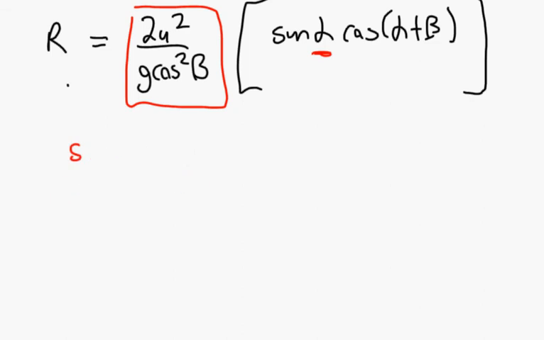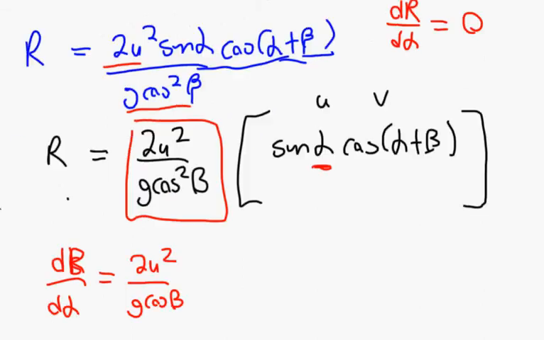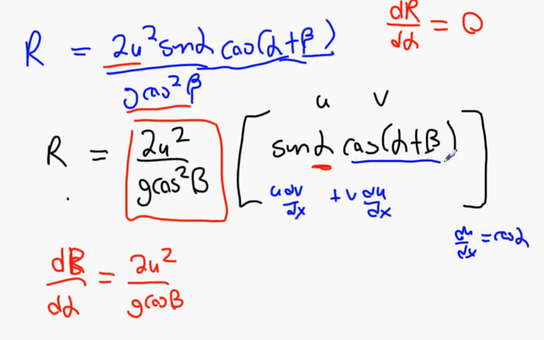Now, what we're going to do first is we're going to differentiate this, okay? So when you differentiate it, the constant goes straight in. So dr d alpha, okay, and this 2u squared g cos b stays exactly where it is. What we have here is a product rule, u and v. We're going to get u times the v dx plus v times the u dx. Now, differentiate sine alpha so that the u dx is cos alpha.